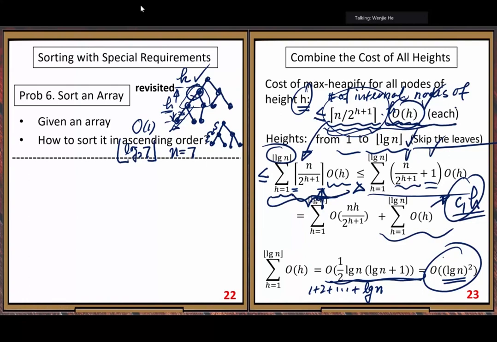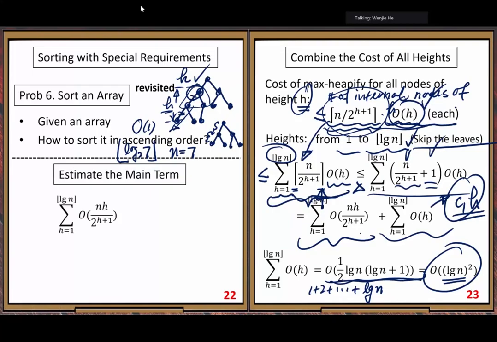So the major part of the original summation is the first summation. Let's estimate this main term. Because of the big O, we can consider another constant C multiplying the part inside. In this summation, n is treated as a constant.